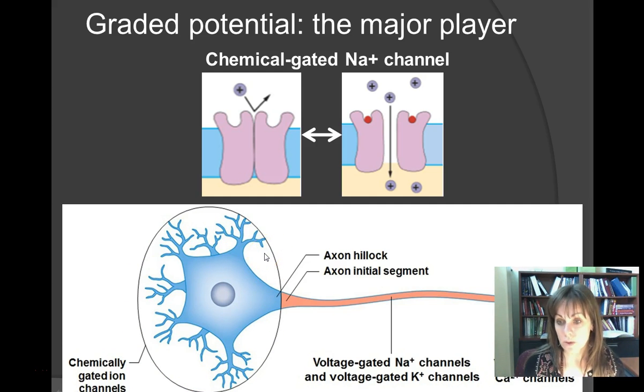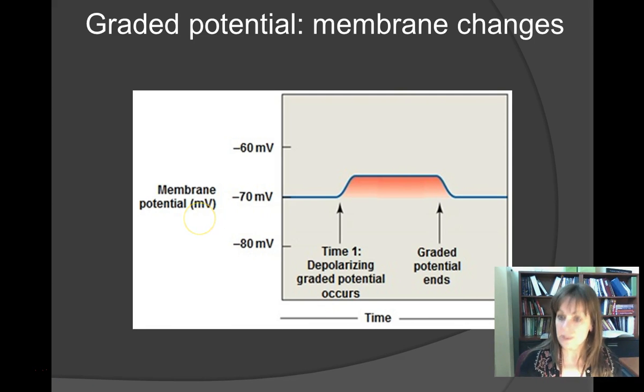Now, I just want to point out again, graded potentials, and this is a simple version. We're going to add some complexity towards the end of this lesson. But with the chemical gated sodium channel, here -70 is at rest. And when a stimulus occurs, this is what the graded potential looks like. We're getting a little bit closer to that -60. Now, let's say we have a weak stimulus. We may feel it, the mosquito may land.